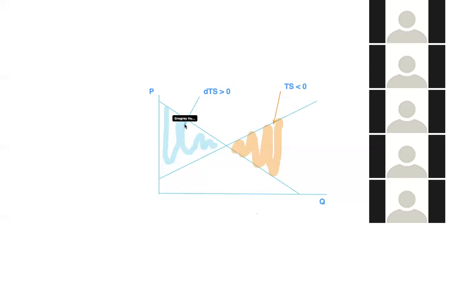So what I'm saying is that when I add an additional unit and I'm to the left of the equilibrium, it actually has a positive contribution to total surplus. Does that make sense, Juan?